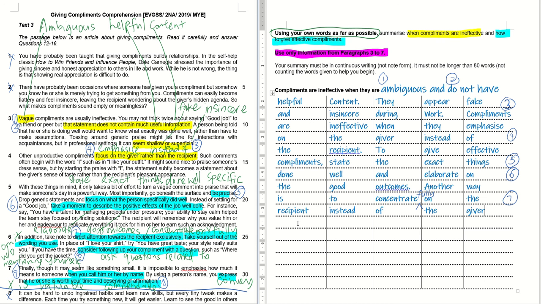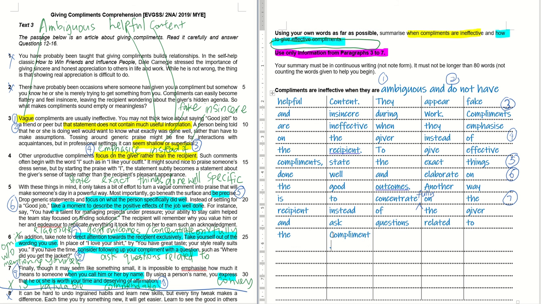So can I use another conjunction? Yes, I can use and. Right, and ask questions related to the compliment.